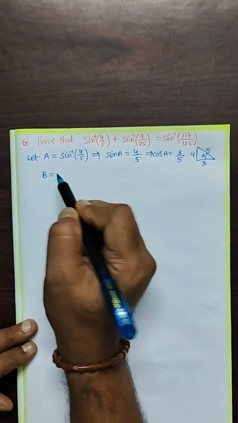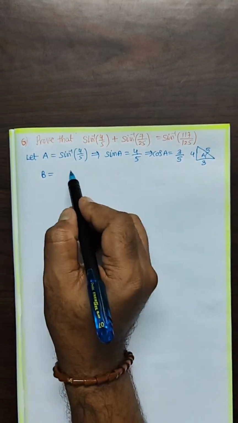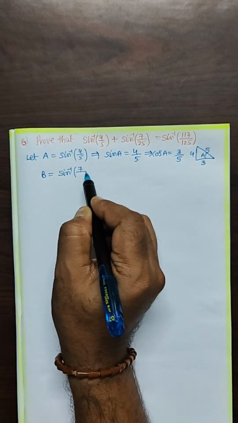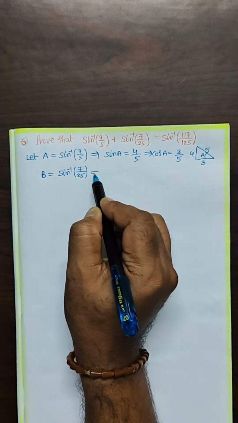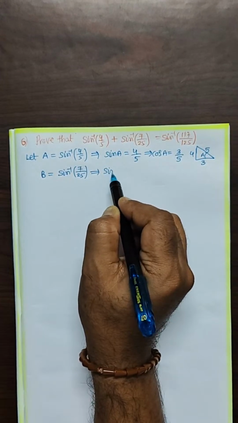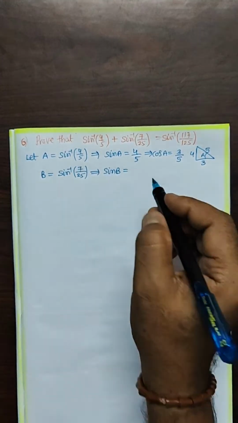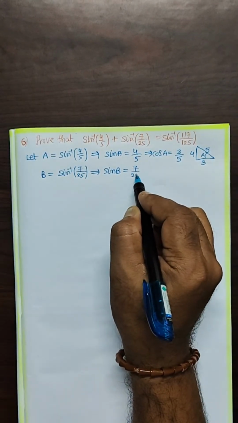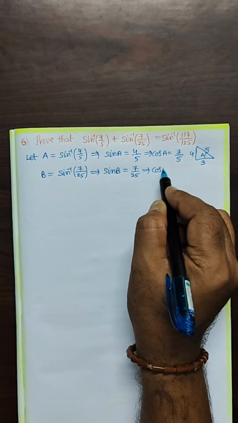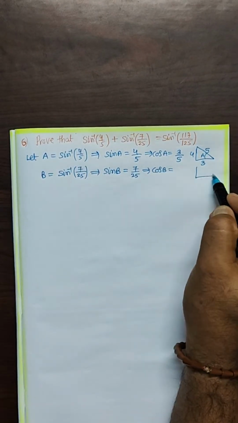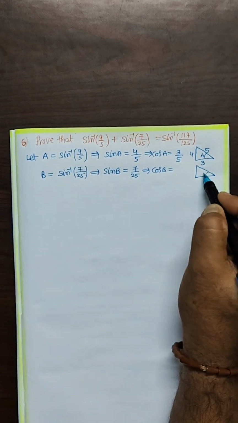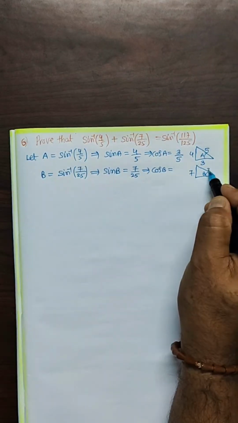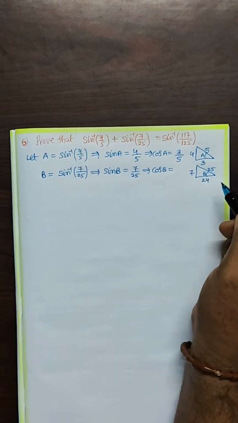Next, b is equal to sine inverse of 7 by 25. That implies sine b is equal to 7 by 25. From that, cos b is equal to, with 7 and 25, here obviously 24.